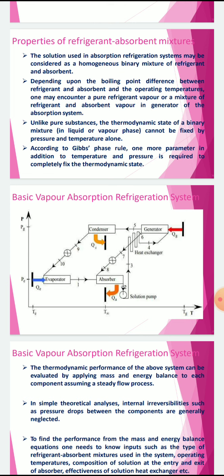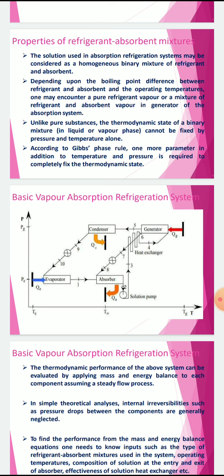The refrigerant will become very cool at low temperature. It will enter the evaporator, where heat is absorbed from the foodstuff or other items, and it will become vapor, and those vapors will again be absorbed in the absorber.